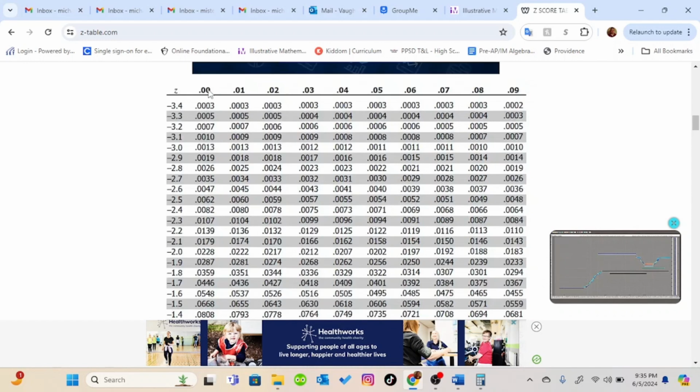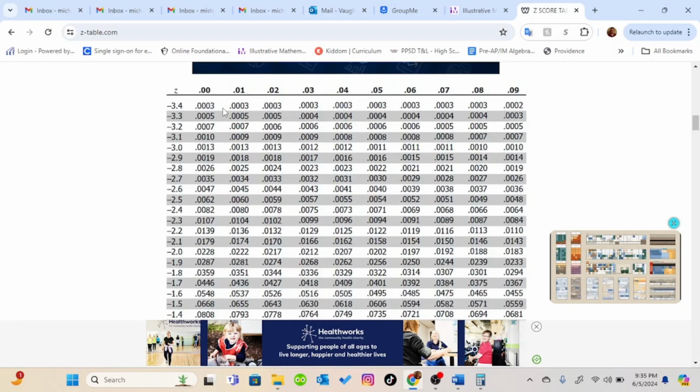If we had even more accurate measurements, you can see that it increases going to the right by 0.01. So this top left corner would be negative 3.4, then it would be negative 3.41, negative 3.42, and so on.